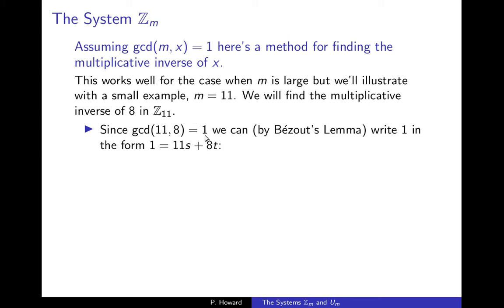And since the greatest common divisor is 1, we know by Bézout's lemma that 1 can be written as a linear combination of 11 and 8. There are two integers s and t for which 1 is equal to 11s plus 8t. And we saw how to do this calculation in one of our previous modules.